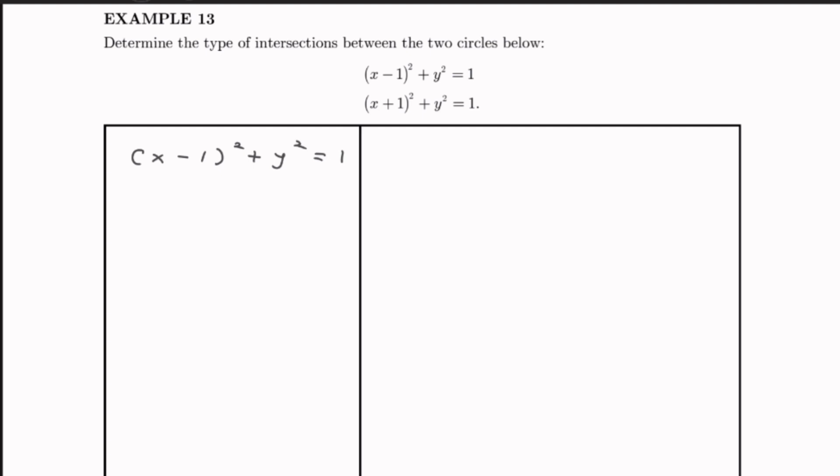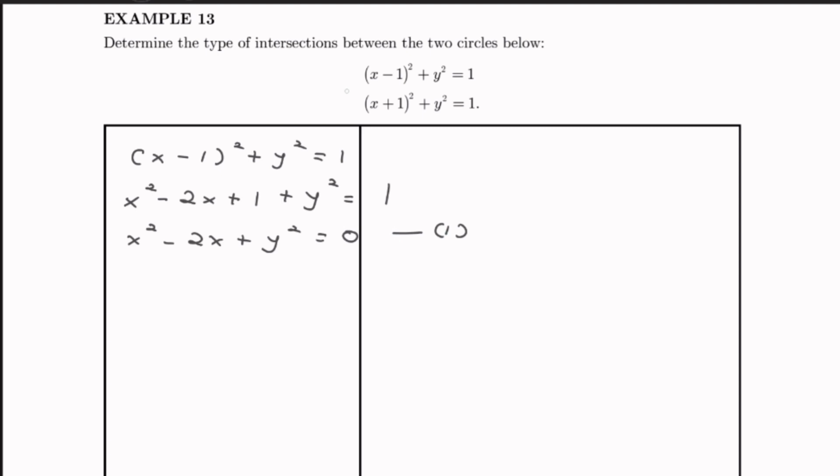Let's expand this: x squared minus 2x plus 1 plus y squared equals 1. Simplify it: x squared minus 2x plus y squared equals 0. Let's name it equation 1.